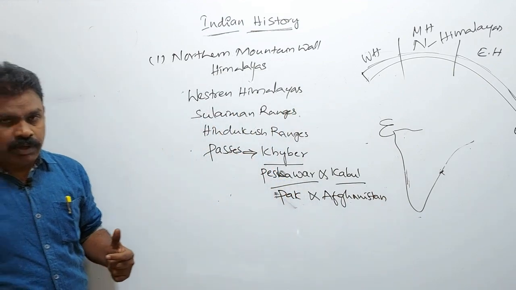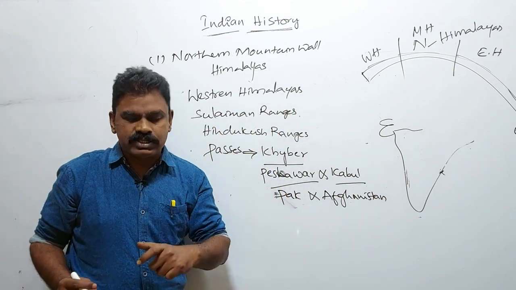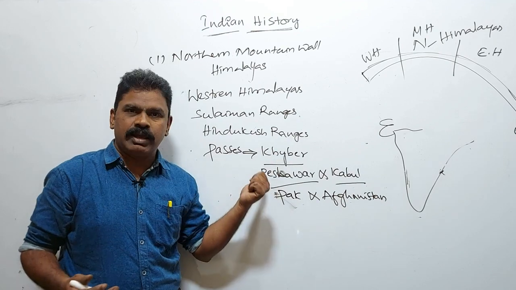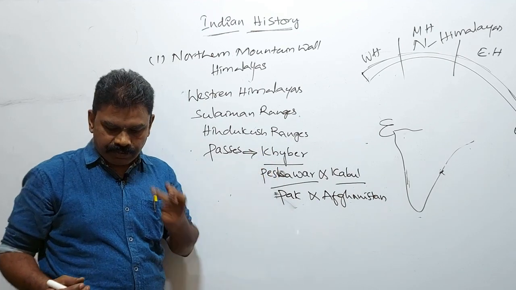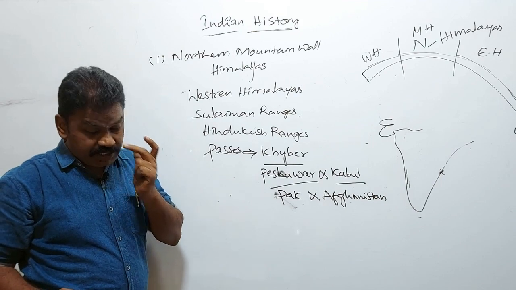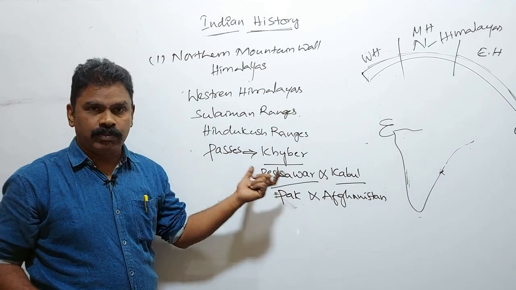Most of the foreign invaders to India came through the Khyber and Bolan passes.